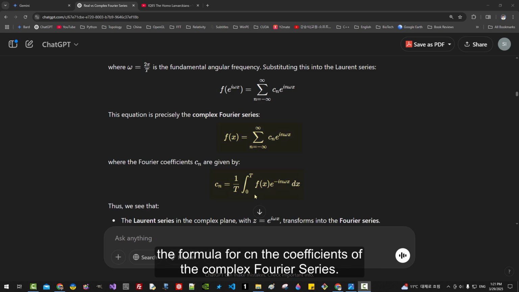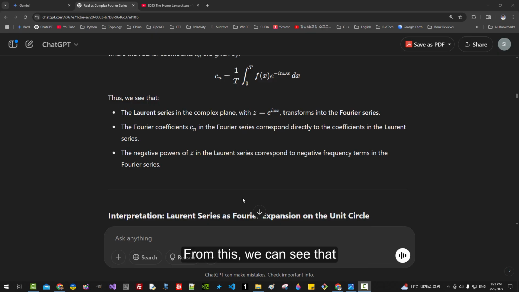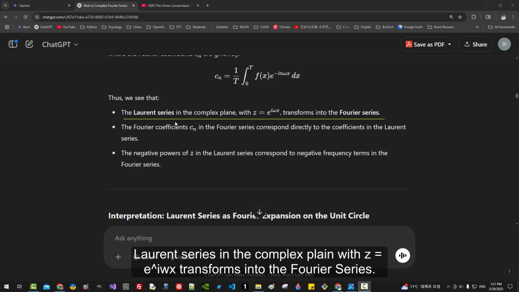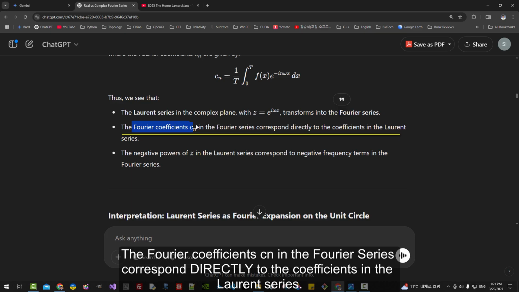From this, we can see that the Laurent series in the complex plane with z equal to e to the power i omega x transforms into the Fourier series. The Fourier coefficient Cn in the Fourier series corresponds directly to the coefficients in the Laurent series.